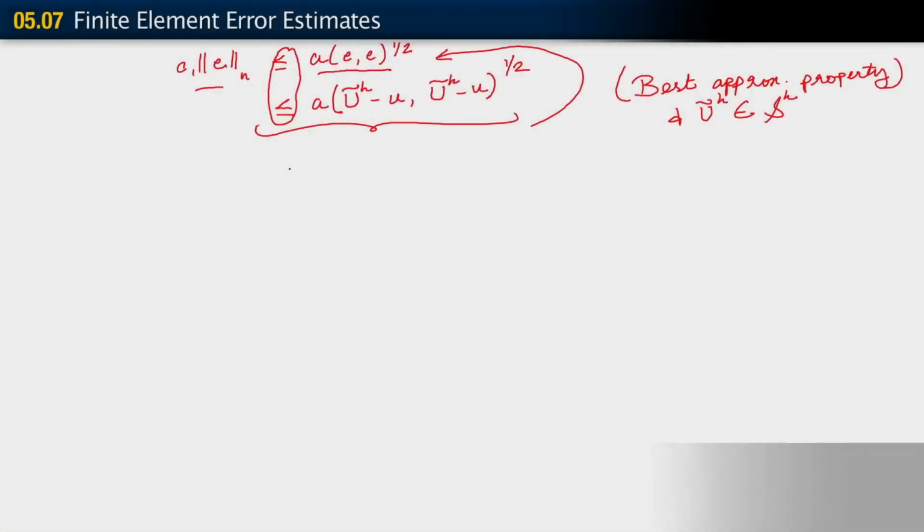All right. But now one can again invoke the result I stated before we started this theorem, on the equivalence of the energy norm and the n norm. So we can say that the energy norm that we have on the right hand side itself is less than or equal to, I could directly write this as some other constant C2, times the n norm of u tilde_h minus u.